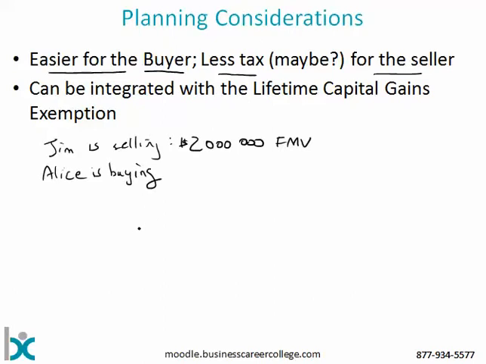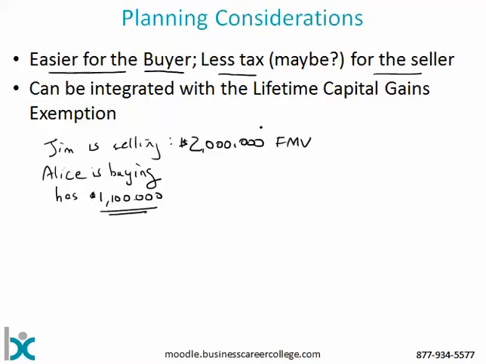So we have two sort of trade-off problems here. $2 million is a lot of money. So Alice maybe can't come up with all $2 million all at once. Maybe she only has, let's say for the sake of argument, $1,100,000.